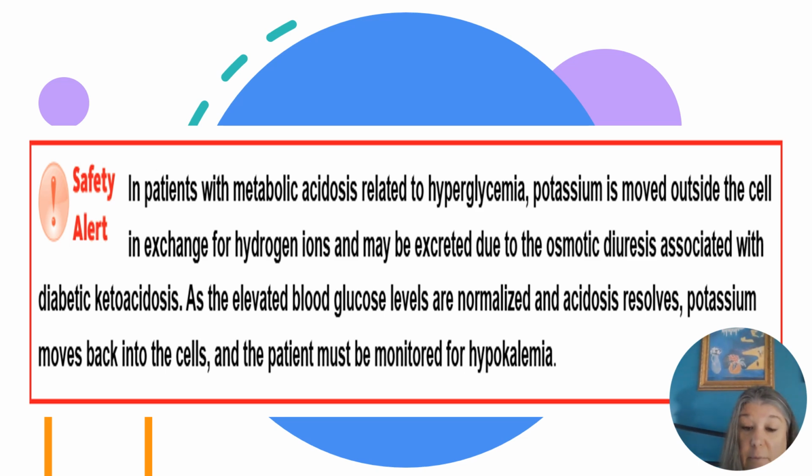As the elevated blood glucose levels are normalized and acidosis resolves, potassium moves back into the cells and the patient must then be monitored for hypokalemia. All right. So again, think about this back and forth, right? My daughter always says that the body is trying to help out, but usually causes more of a problem.